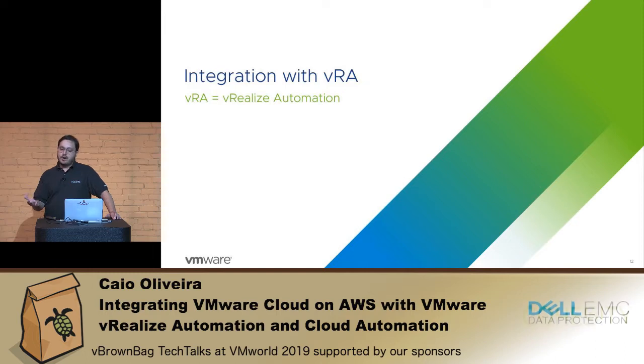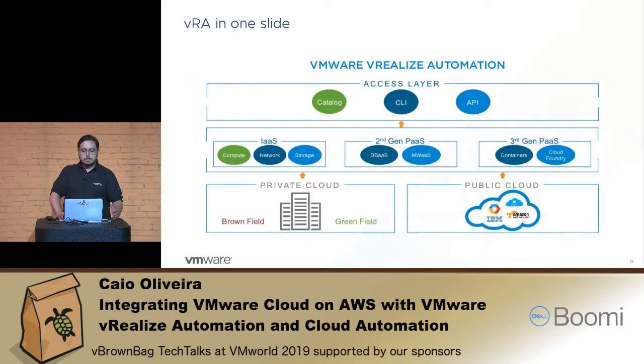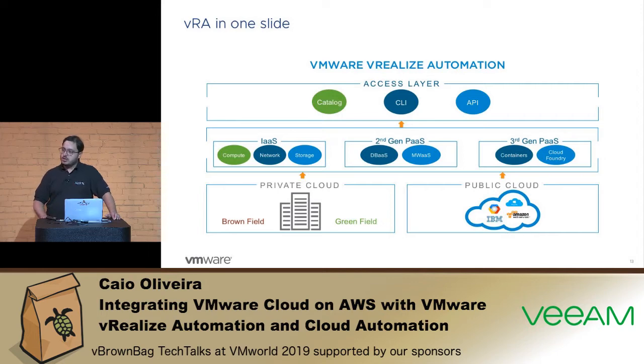VMC brings a lot of automation for the infrastructure piece, but I still need automation for my workloads, right? So the first part is integrating with vRealize. What is vRealize, in a really short summary? vRealize is our automation and cloud management solution.